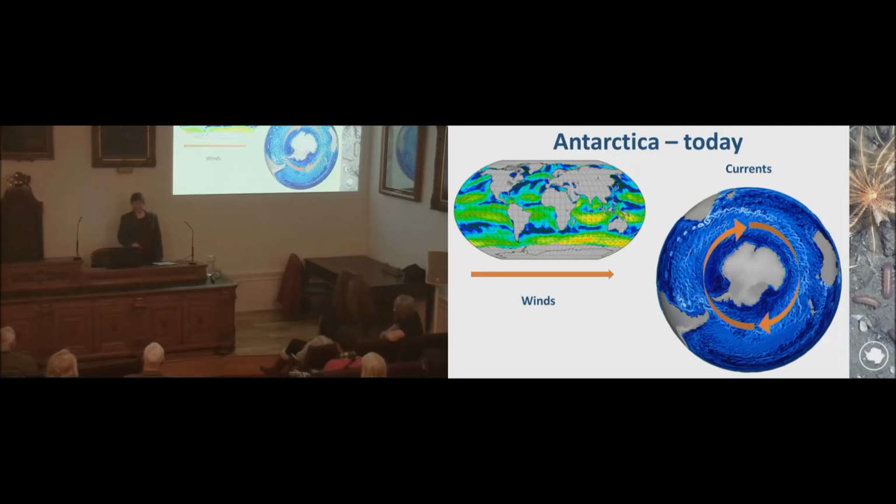What else is influencing the Antarctic? The Antarctic is influenced by extreme winds. We have the westerly winds that go all around the Antarctic, and they not only drive the winds on the surface, on the land, they also drive the ocean circulation because they take the ocean surface and with it the underlying layers.